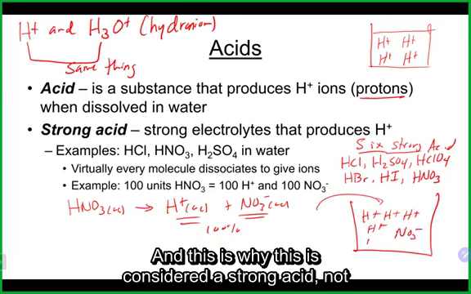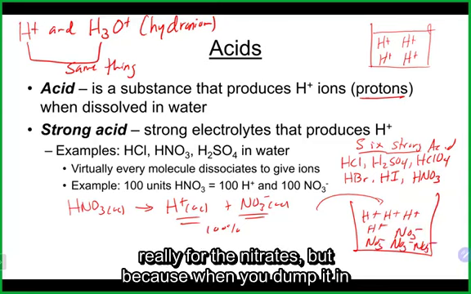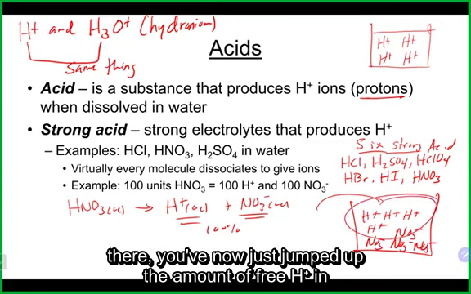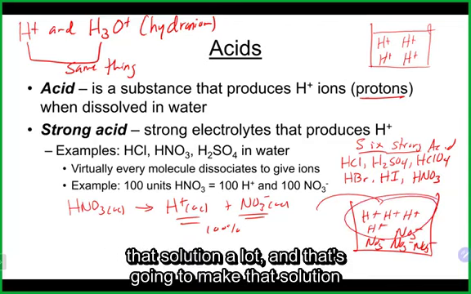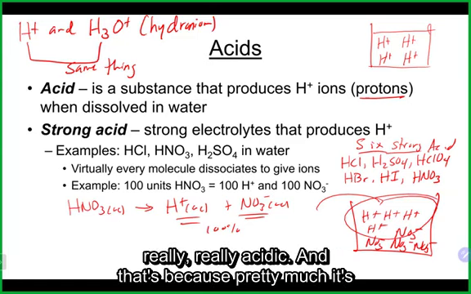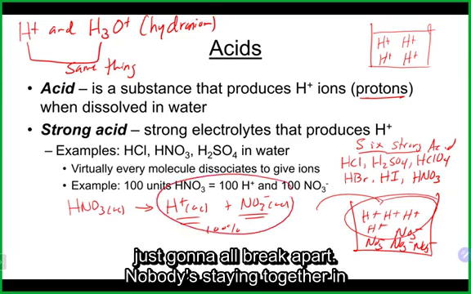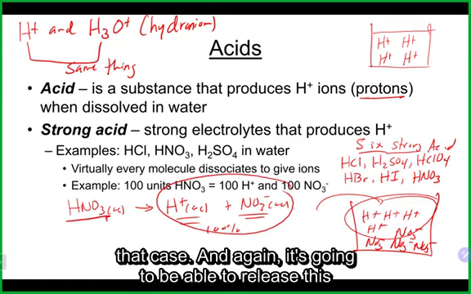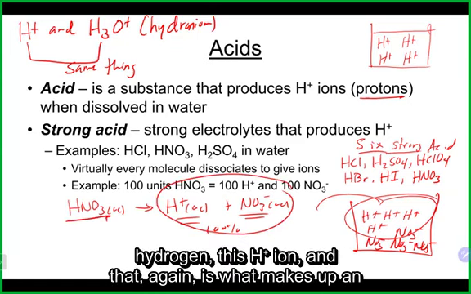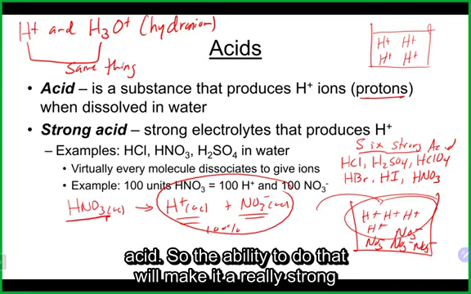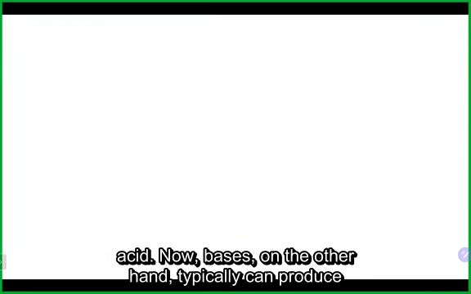And this is why this is considered a strong acid, not really for the nitrates, but because when you dump it in there, you've now just jumped up the amount of free H plus in that solution a lot, and that's going to make that solution really, really acidic. And that's because pretty much it's just going to all break apart, no base staying together in that case. And again, it's going to be able to release this hydrogen, this H plus ion, and that again is what makes up an acid. So the ability to do that will make it a really strong acid.